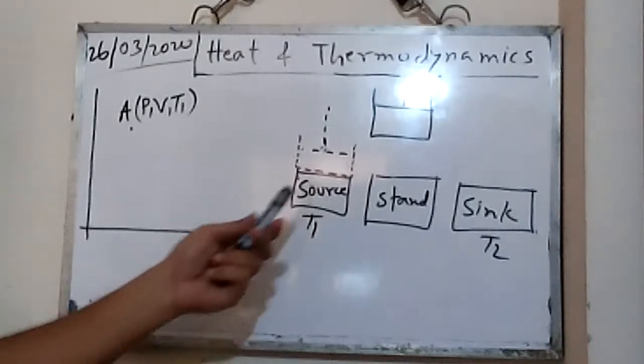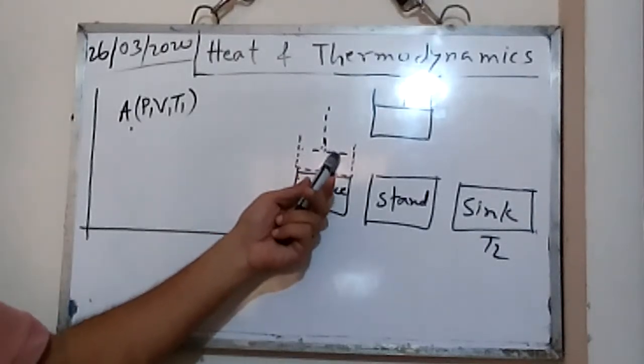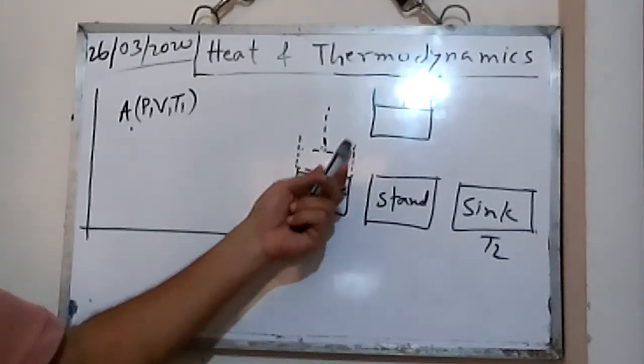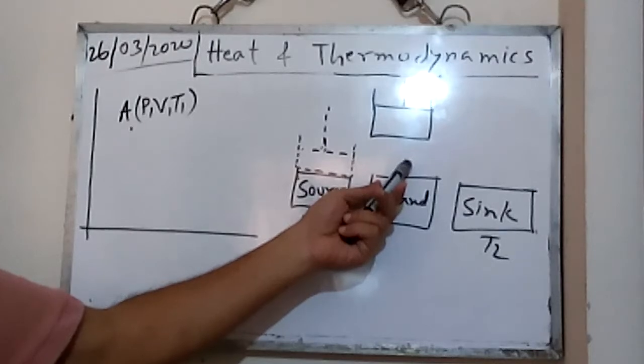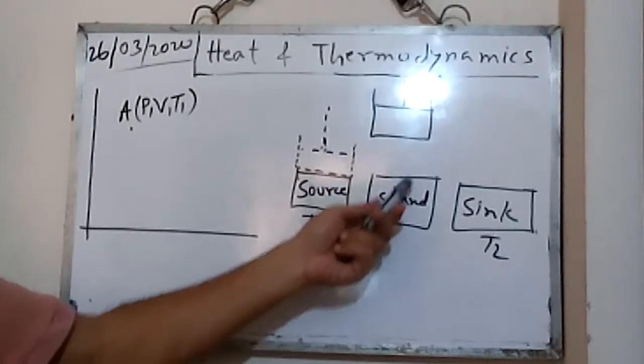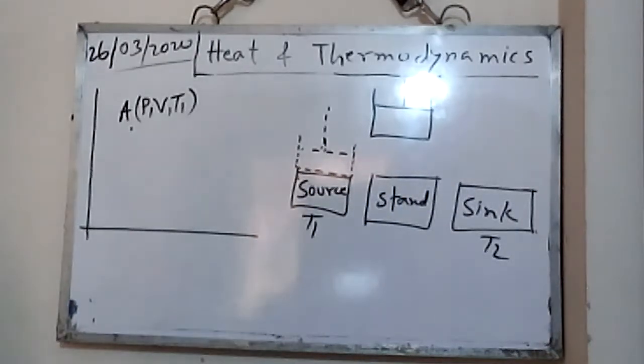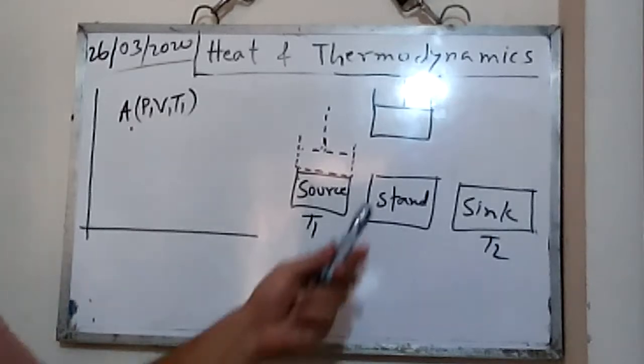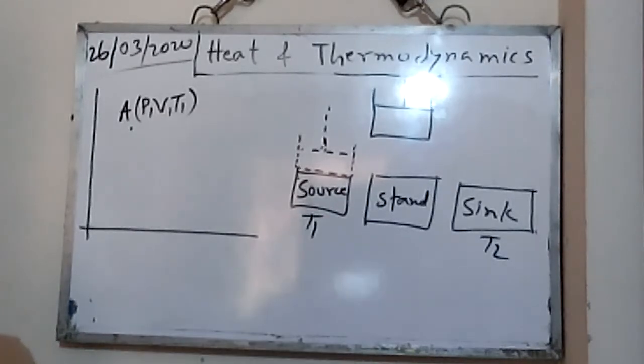Now the second operation, this cylinder is now placed in contact with the non-conducting stand. Here the gas is completely isolated, no heat enters or leaves the system during expansion.